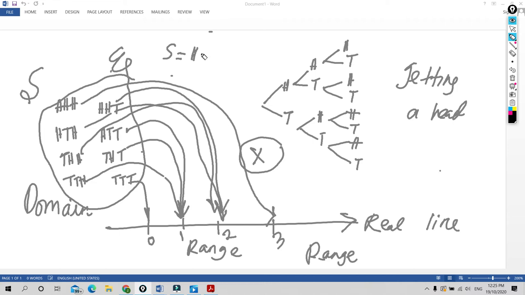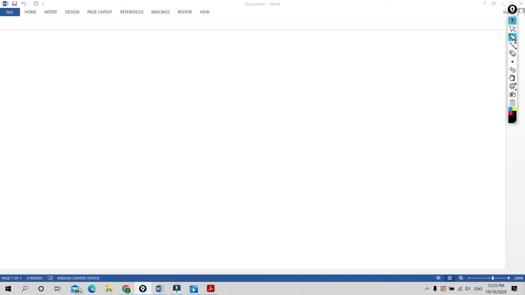We clear all these things. So the sample space, let me draw it again. The experiment here, I have head and tail. So here is head and tail.